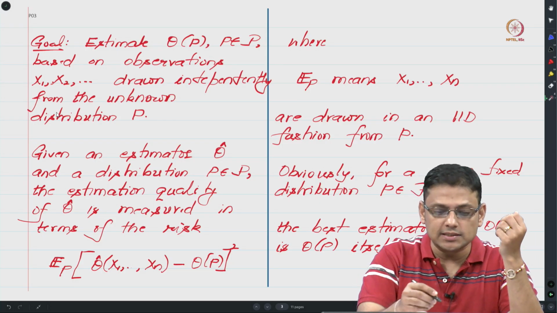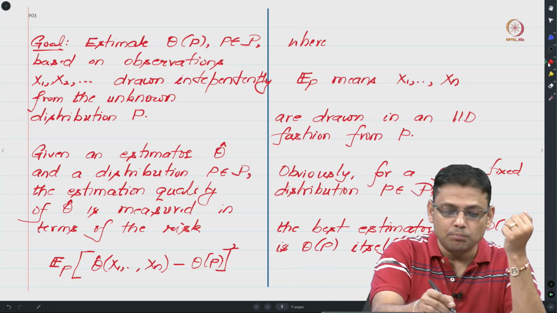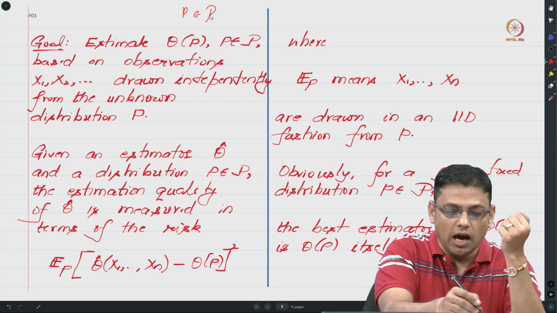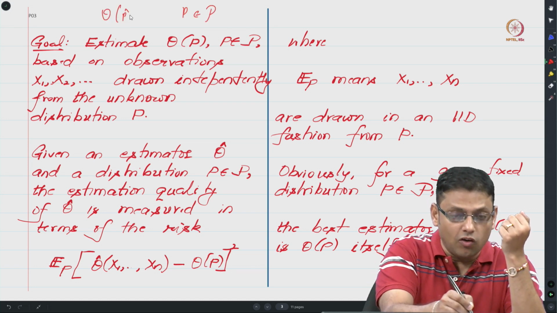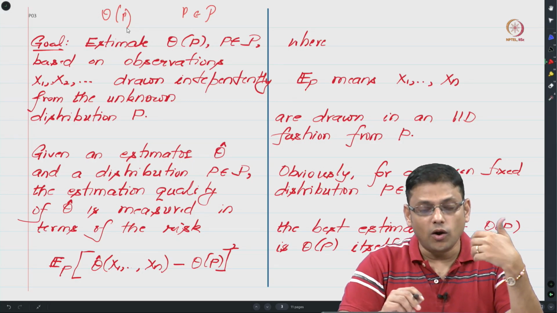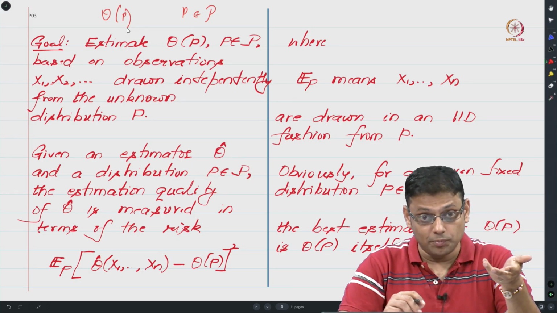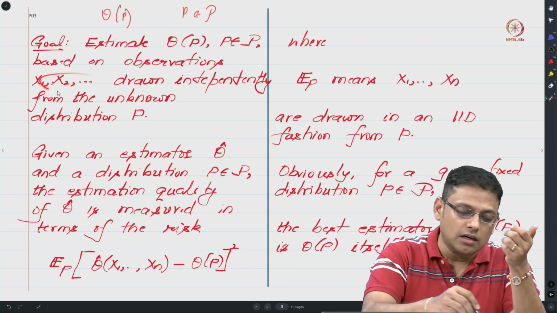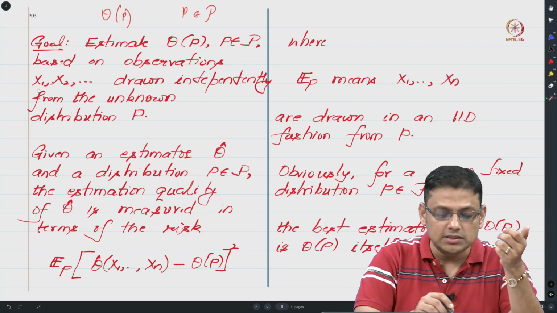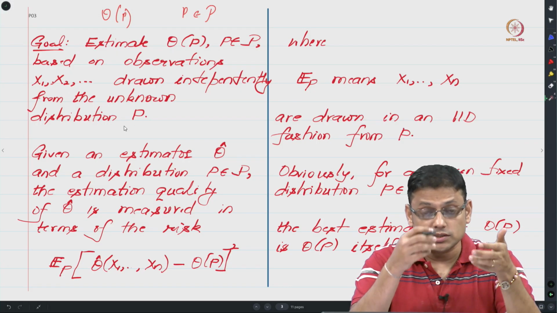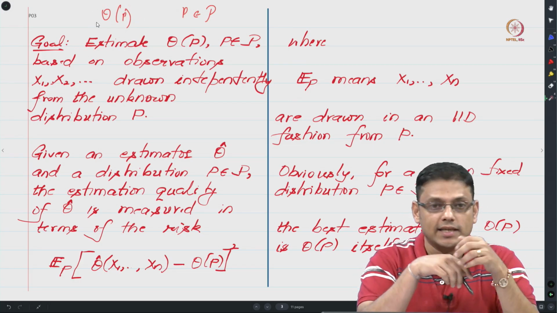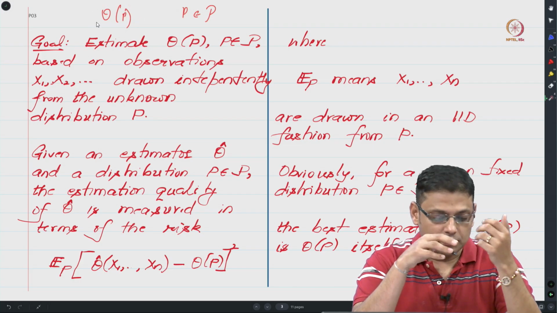If there is some P in this class of distributions, our goal is to find theta of P, but you cannot find theta of P using the knowledge of P. Instead, what you have access to are these random observations drawn from this unknown distribution P, and using these observations the goal is to estimate theta of P.